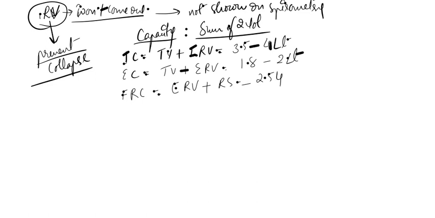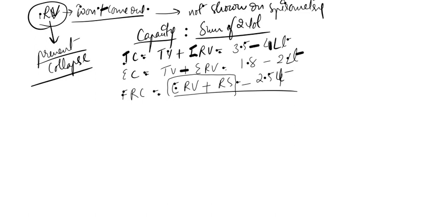What is the normal residual volume? Residual volume normal value is 1.2 liters. It stays in the lung, it won't come outside. Now functional residual capacity is expiratory reserve volume plus residual volume, 2.5 liters. It is the air left in the lungs after normal expiration or at rest.